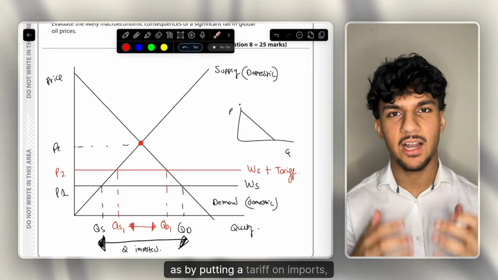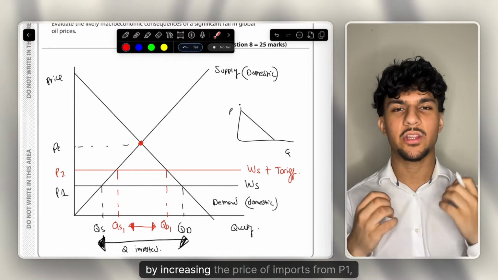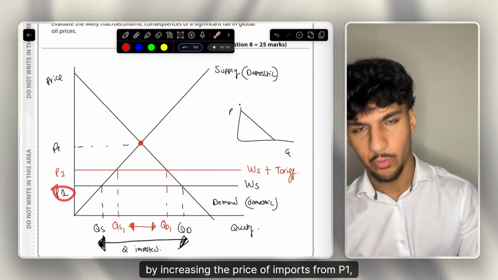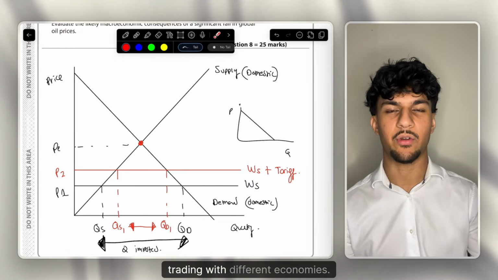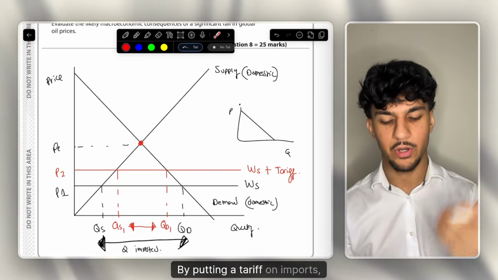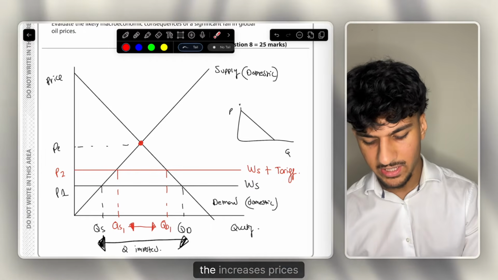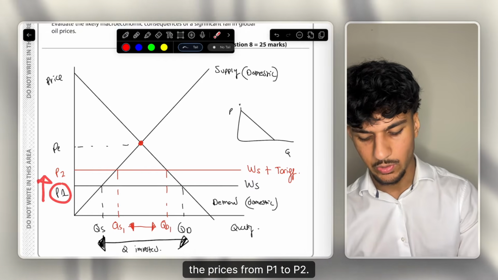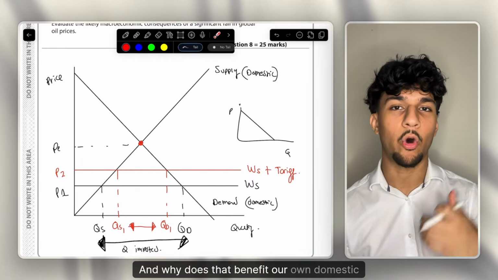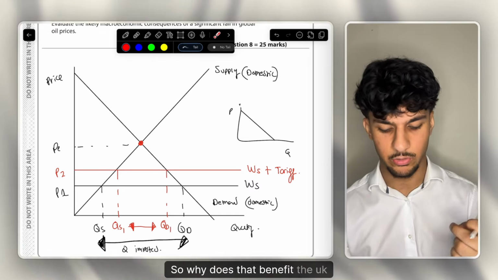By putting a tariff on imports, by increasing the price of imports from P1, which is free trade when we're freely trading with different economies, prices rise from P1 to P2. And why does that benefit our own domestic economy? Why does that benefit the UK?